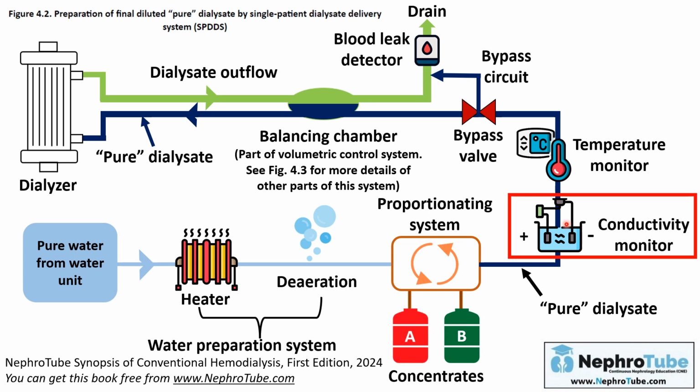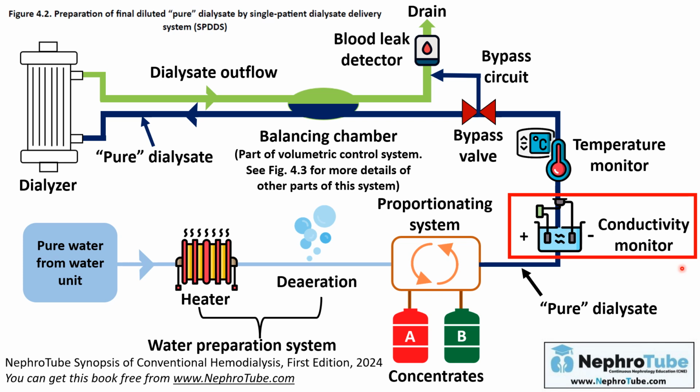The flow rate of this electric current is directly proportional to the electrolyte concentration in the dialysate, and the most important ion is sodium. So the conductivity of the dialysate, which means the flow of electrical current in the dialysate, is directly proportional to the amount of sodium in the dialysate.